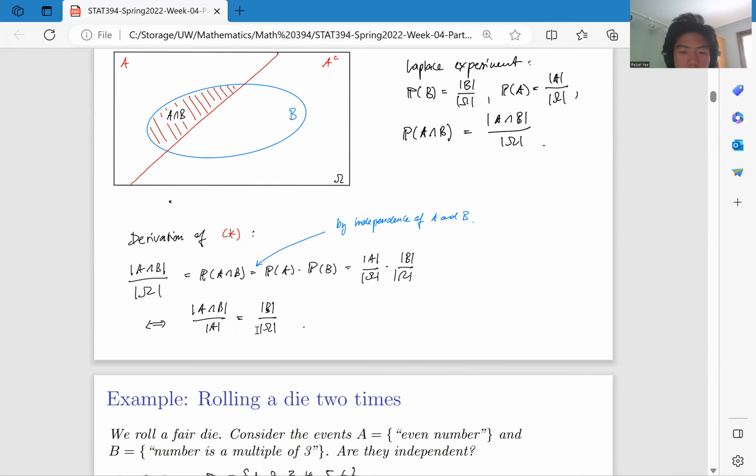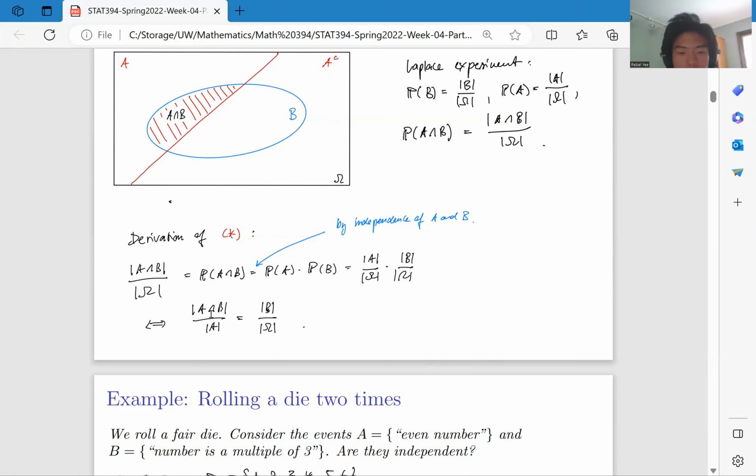And what about if we multiply the cardinality of omega here and the cardinality of A here? So that becomes A intersection B times omega is equal to A times B, and that is the principle of multiplication.